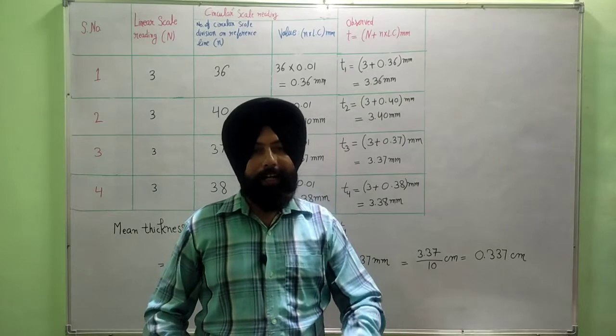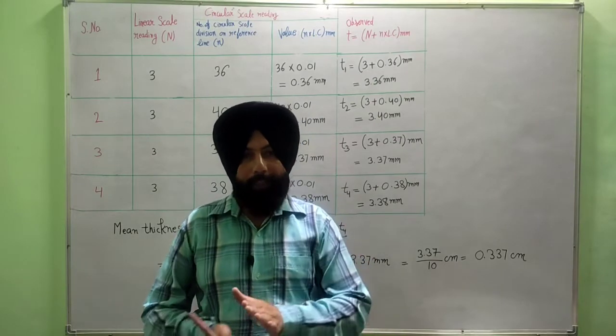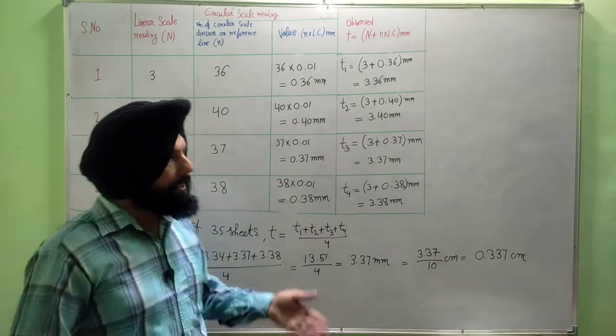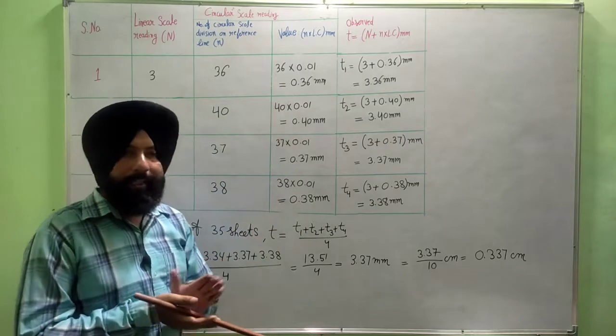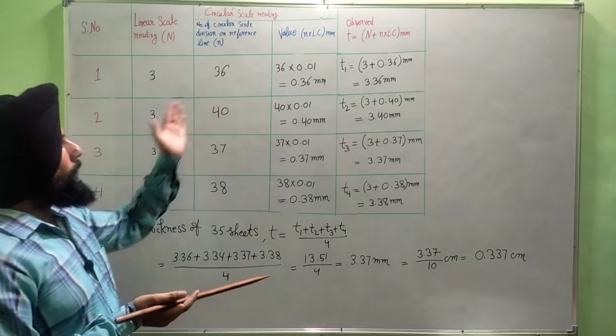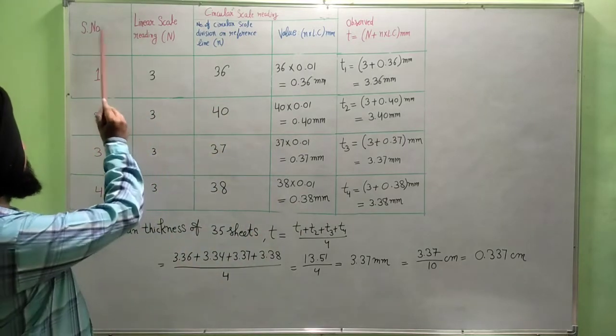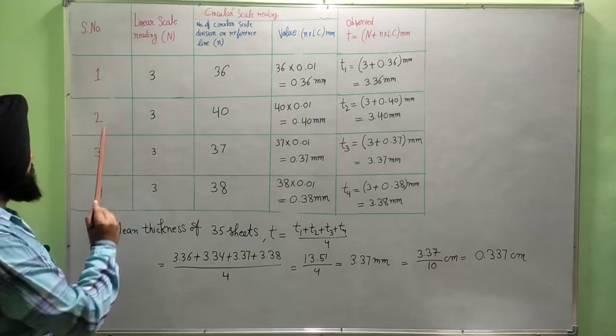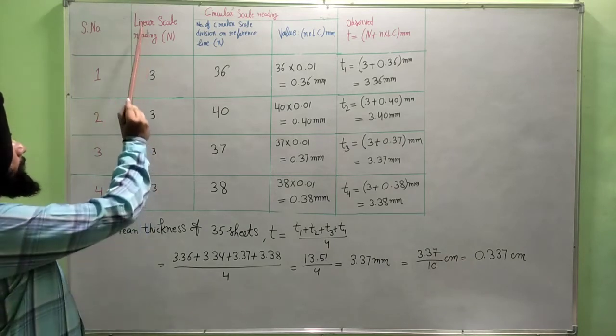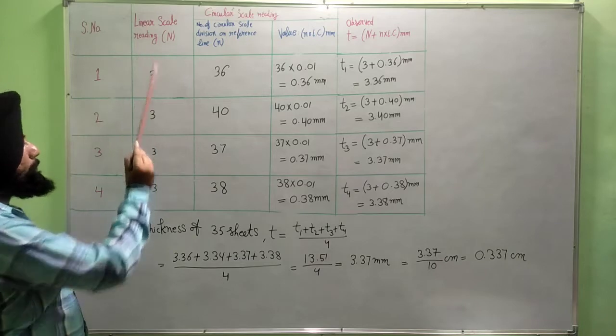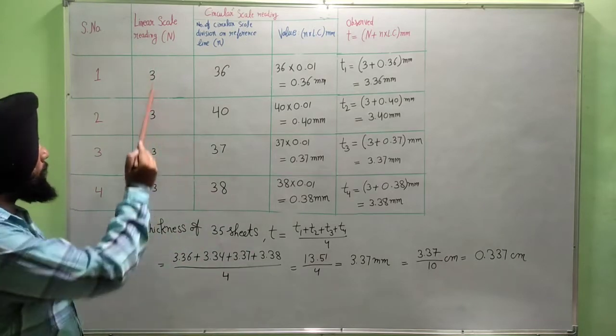Now students, after taking all the 4 readings, I will insert all the values in the table. Now what is in the table? Serial numbers: first, second, third and fourth. Linear scale reading, capital N, is 3 in all cases.